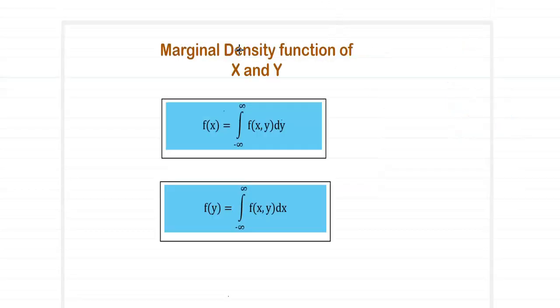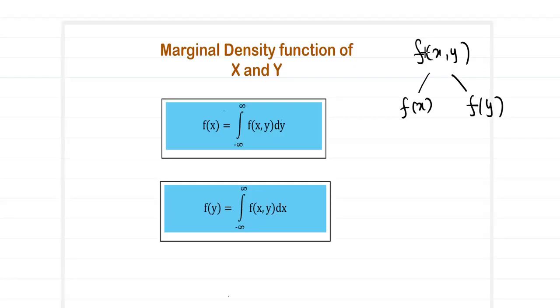Next definition, defining the marginal density function of the random variables x and y. Now what do we mean by marginal density function? We have been provided with a function f of x comma y, and we want to separate out f of x from f of x comma y, or we may need a separation of f of y from f of x comma y. This separation or pulling out of f of x from f of x comma y or f of y from f of x comma y is called the marginal density function.